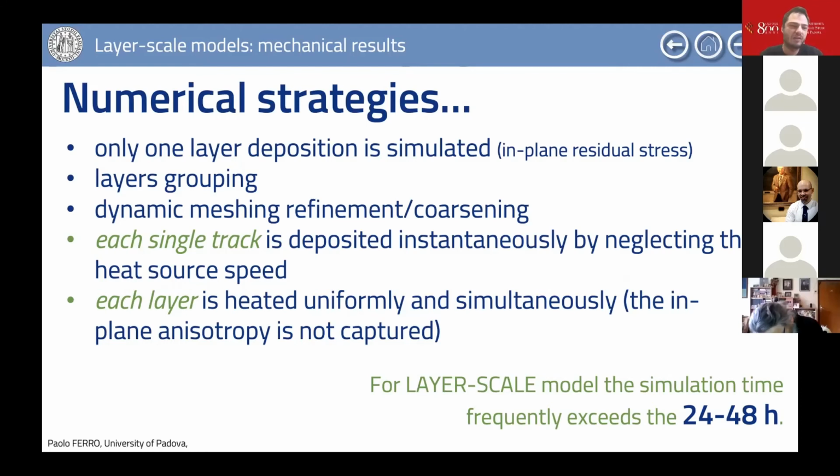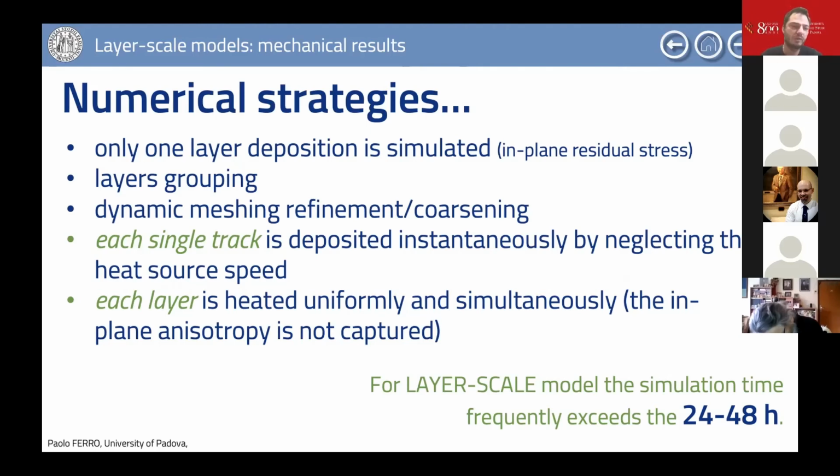Another simplification when we have to simulate the entire component is to consider groups of layers. So we have to merge some layers to each other and simulate groups of layers.